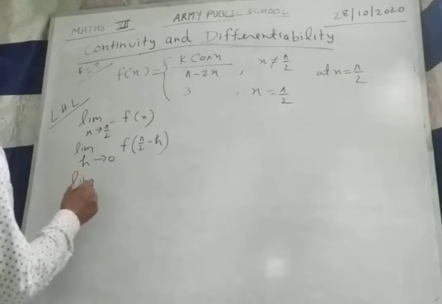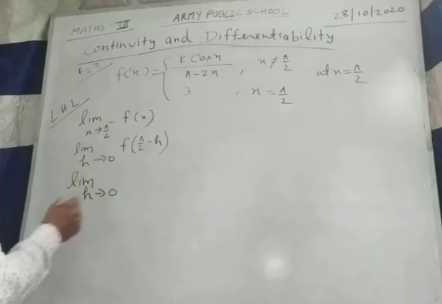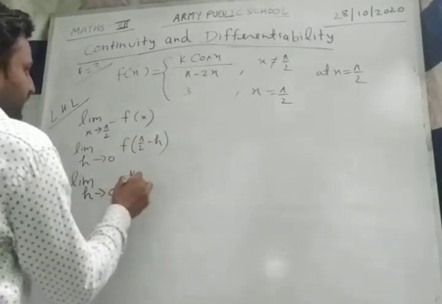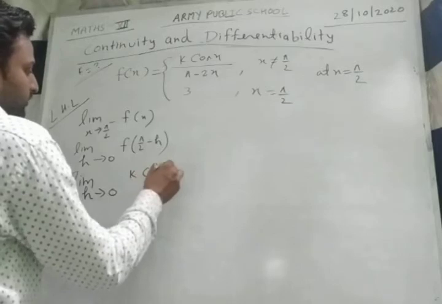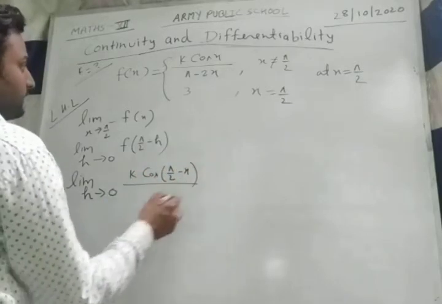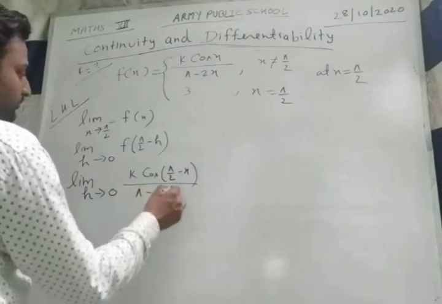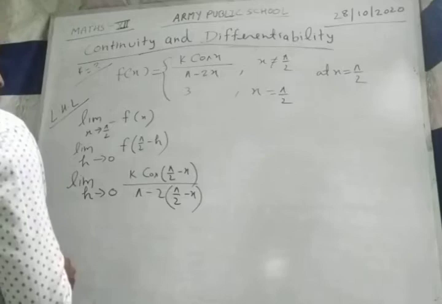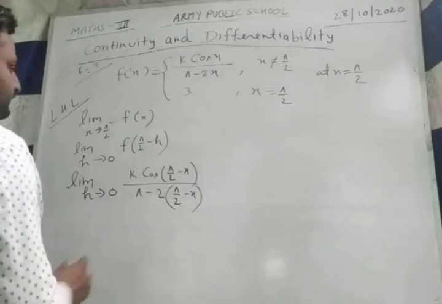So limit h tends to 0, the function is k cos of pi by 2 minus h, divided by pi minus 2 times pi by 2 minus h.